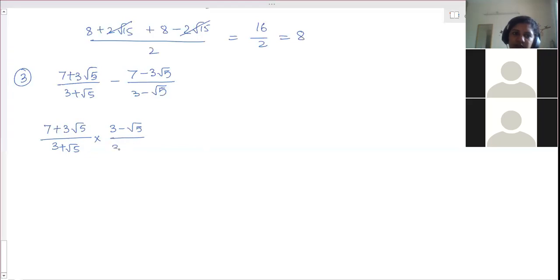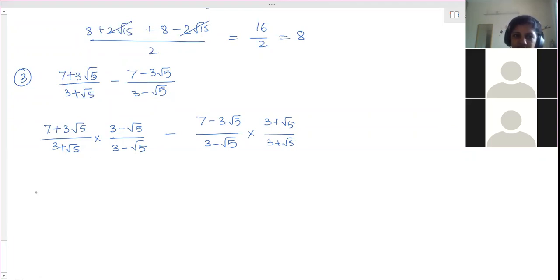Multiply 3 minus root 5 divided by 3 minus root 5, and 7 minus 3 root 5 divided by 3 minus root 5 into 3 plus root 5 divided by 3 plus root 5. Multiply here. There is no a plus b or a minus b that will work out, so directly multiply the binomials.